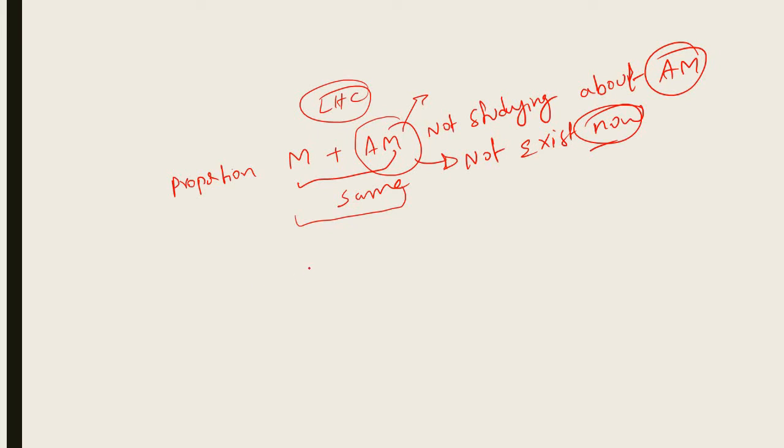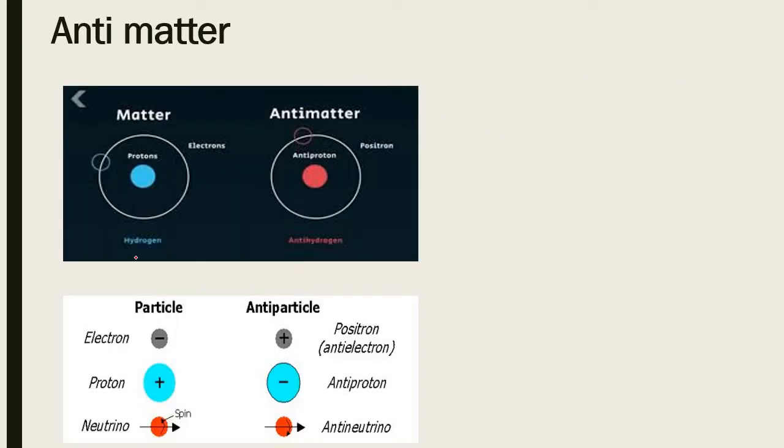So let us take a simple atom. I kept some pictures, so let's see this one. They took a hydrogen atom, and antimatter means anti-hydrogen. Inside that there will be a proton, which is positively charged, and an electron, which is negatively charged.